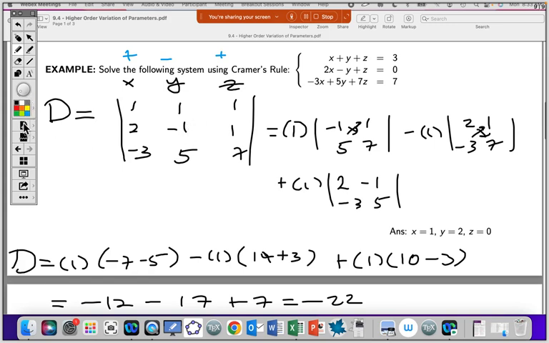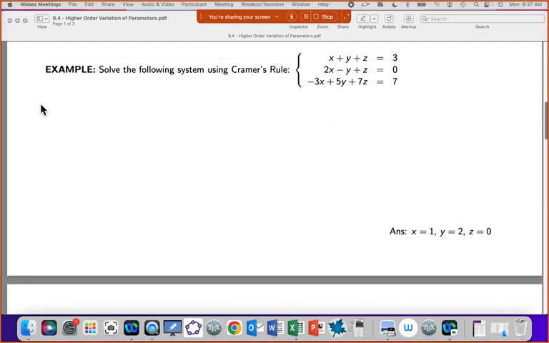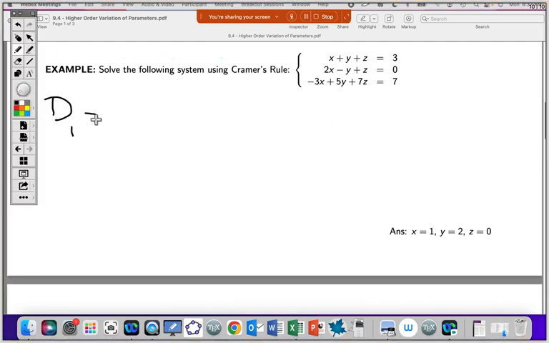So let's just go in and set up the D1, D2, and D3. And I'll let you go through the actual calculations of that. So for D1, we're going to replace the x's with the constants. So the constants are going to go in here, and then we'll keep the y and the z the same. So the constants here are the 3, 0, 7.